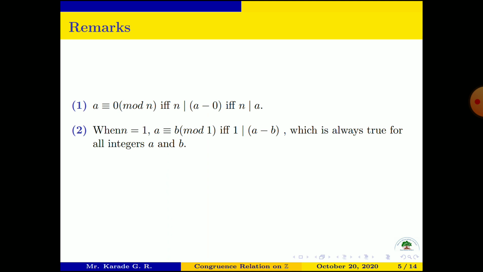It is always true. Therefore, A is congruent to B mod 1 for all integers A and B. This is our second remark.